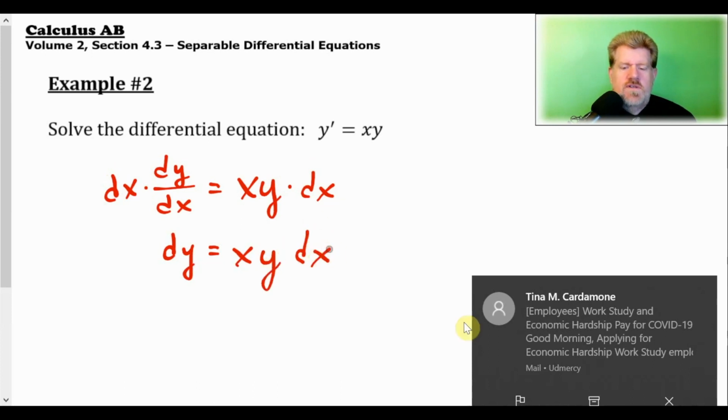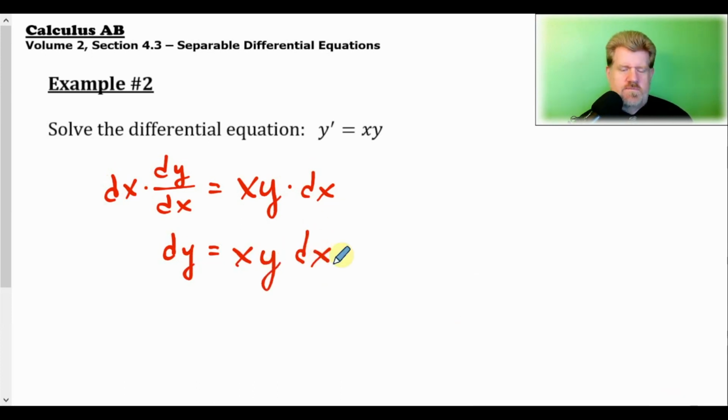You end up with this. All right, separated? Not yet, because we have a y here. We got to get it over here. So we'll divide both sides by y.